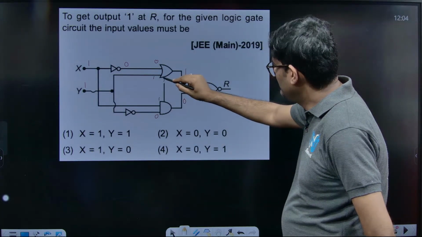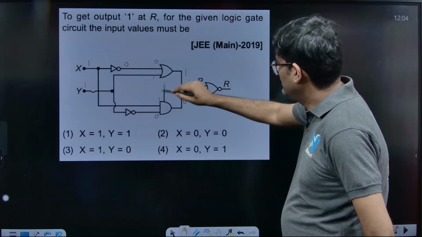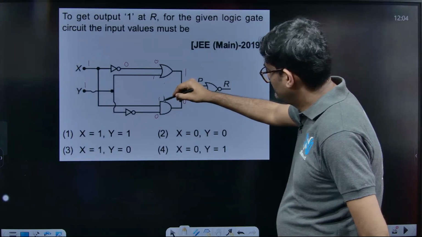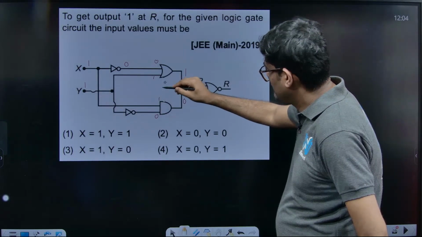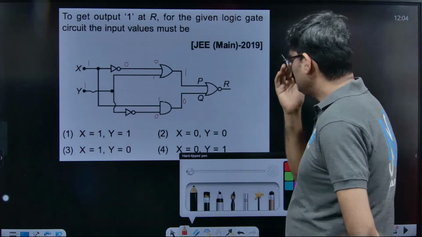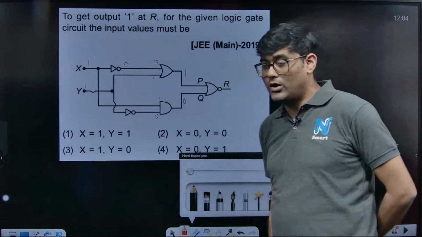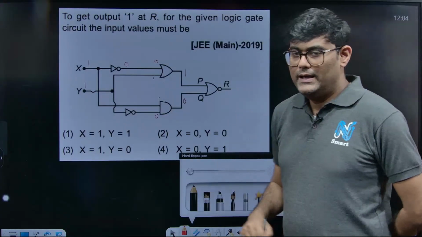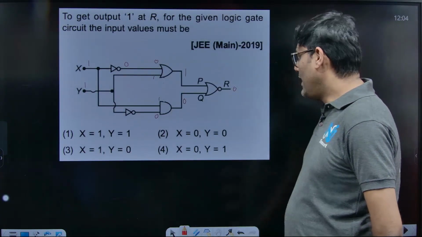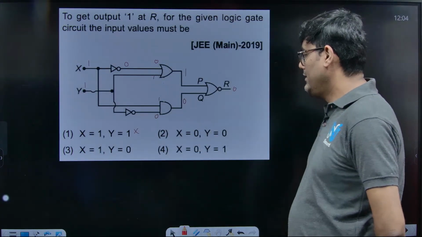I don't think there is this line, right? It may be misprinted. Forget about this line. 1 and 0, when I do an OR operation, it is 1, but there is a circle, so finally I will get 0. So 1 and 1 is not my correct choice, right?